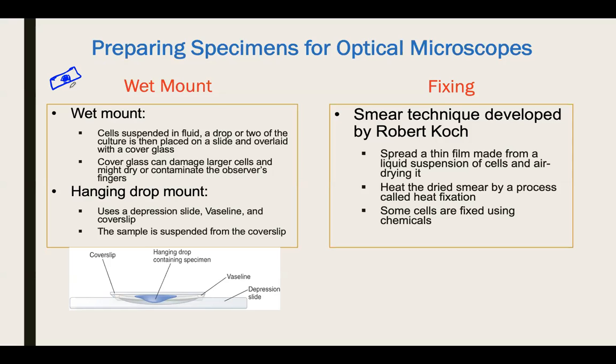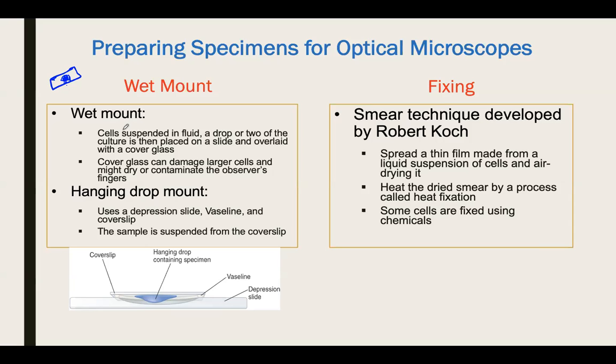Basically, if it is a liquid sample, just add one drop of sample. If it is a solid sample, then you have to add one drop of water so that the light can go through the water. Different media actually help create a much brighter image. So that's the wet mount.